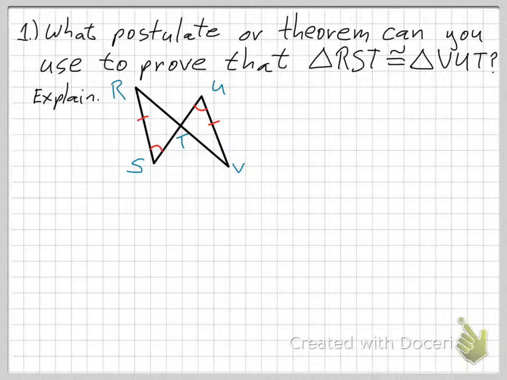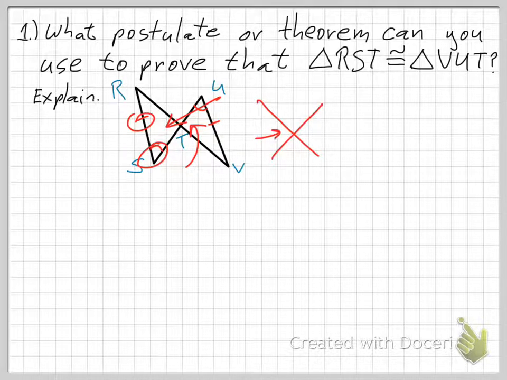So let's explore angle, angle, side. Let's see if that could be the case. Here's an angle, and a side, so I need another angle. But like we said, we don't know anything about this angle. But hey, what about this angle? Do we know something about this angle and about this angle? Well, as a matter of fact, we do. These two angles are congruent because they're vertical angles.